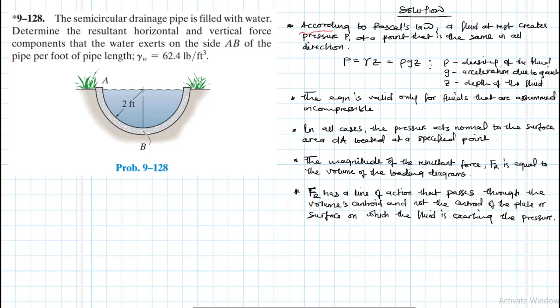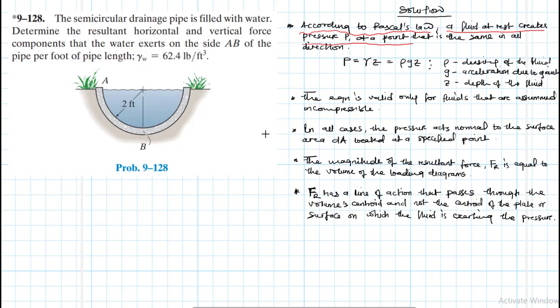According to Pascal's law, a fluid at rest creates a pressure p at a point that is the same in all directions. So at any given point within a fluid that is at rest, the point is subjected to pressure which is the same in all directions, so that is in equilibrium.